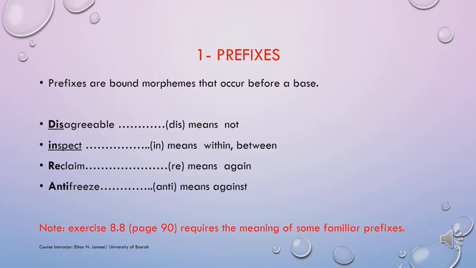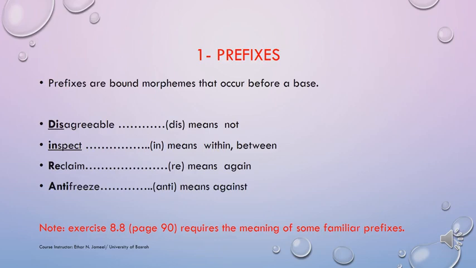Now we come to the third example, which is reclaim. Reclaim consists of two morphemes, re plus claim. Claim is a free morpheme. Re is a bound morpheme. Let's come to the bases and affixes classification. Claim is the base because it carries the principal meaning of the word reclaim.